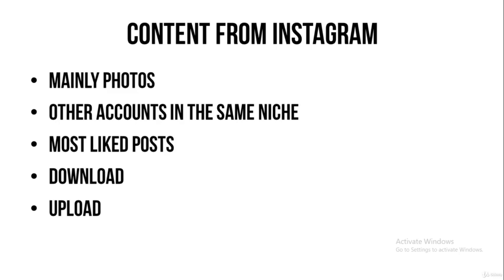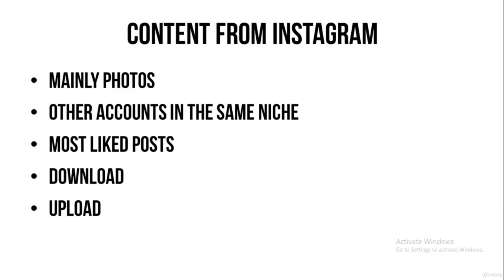How do you get content from Instagram? Mainly, you have to search for photos there, because Instagram is the best place to search for photos, in my opinion. Don't search for stock photos that you find online. They don't look nice. So basically, you find other accounts in your niche, or as I showed you, you can also download photos from Facebook pages that are in the same niche as you. But let's say you want to get content from Instagram. You find a page in your niche the same way I showed you.